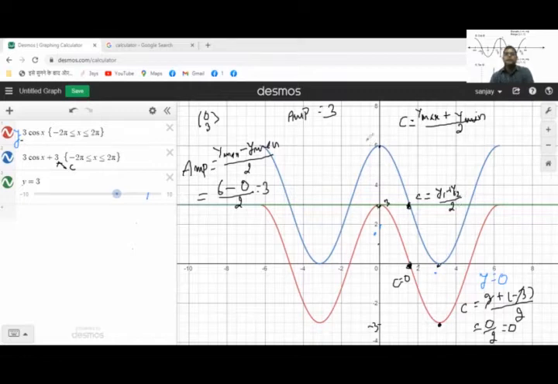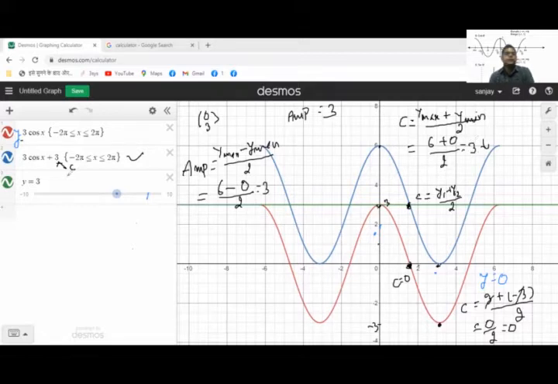So in this case, let's check whether or not by using this formula the value of C is 3. Now I'm talking of this graph, that means the graph of this function. All right, so here you can see the maximum value is 6 and the minimum value is 0, and then this is divided by 2. So 6 divided by 2 is 3.